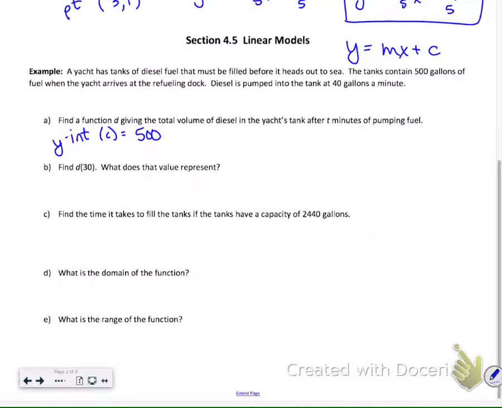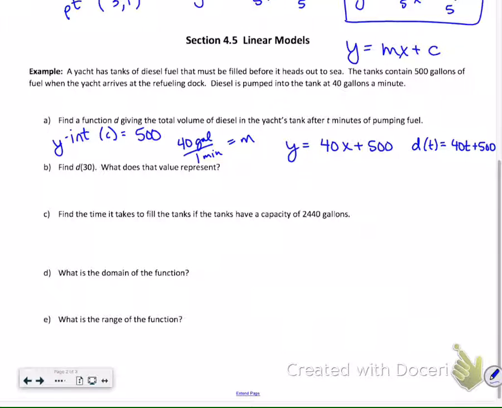So in this case, the diesel is being pumped at 40 gallons a minute. So 40 gallons in 1 minute, that's my slope. So my equation is 40x plus 500. Now we're supposed to be doing this d in terms of t. So really d of t would be the best way of writing that: 40t plus 500.